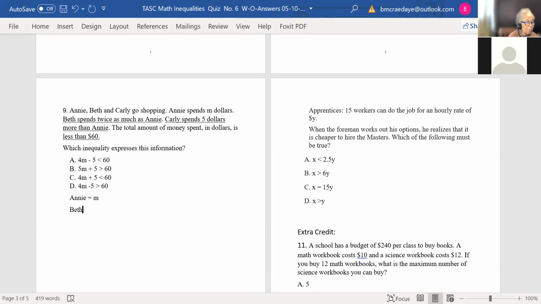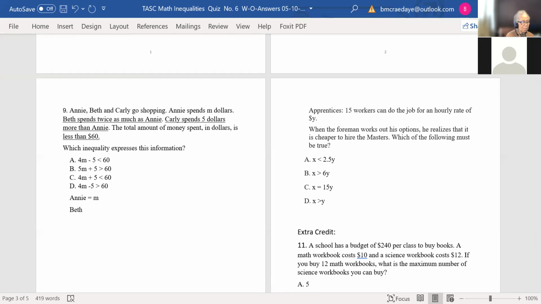Beth spent twice as much as Annie. How did you write that?